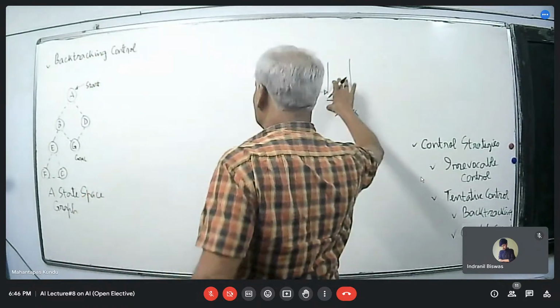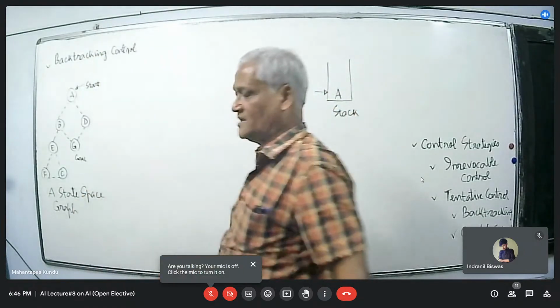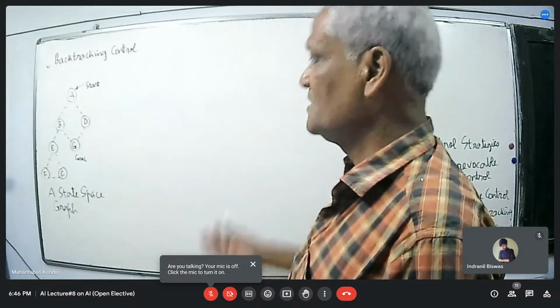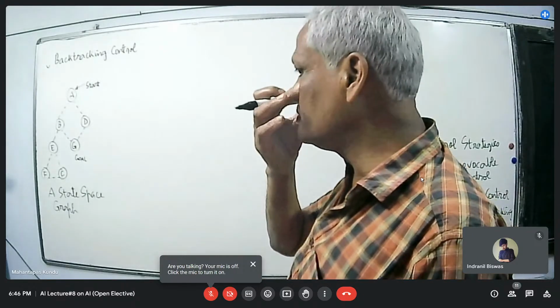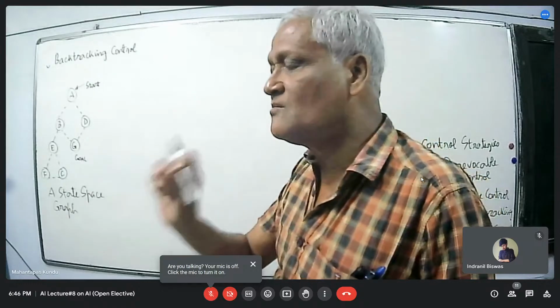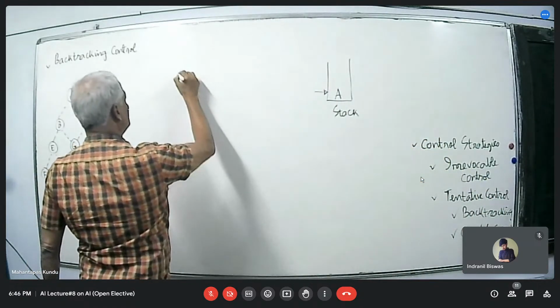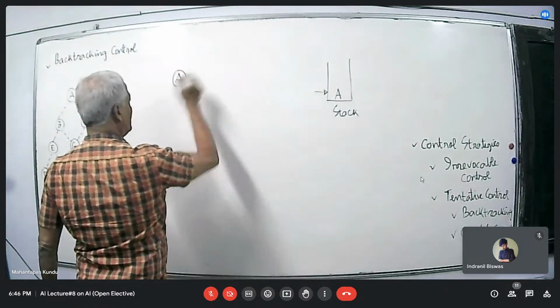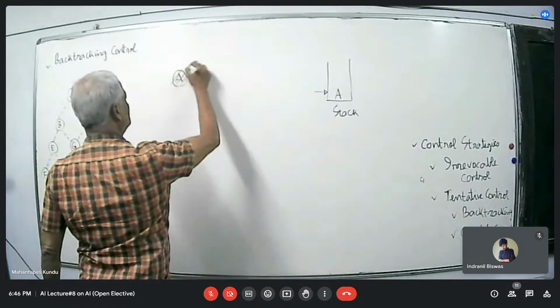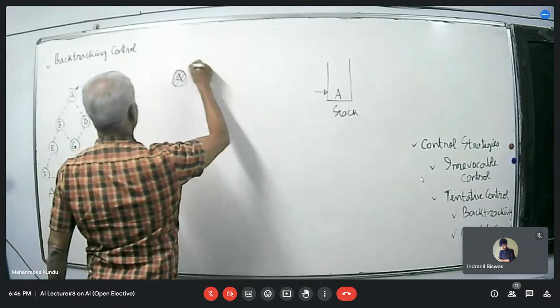And in this case, A is that node, that is the start node. And after that, what we will do, we will first mark that node as visited. So after we remove A from the stack, we will mark it as visited.